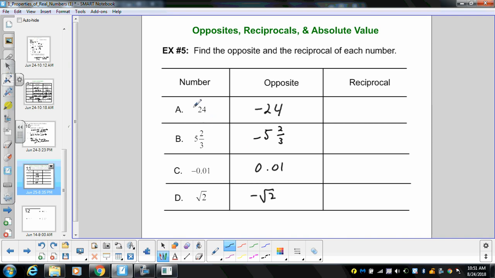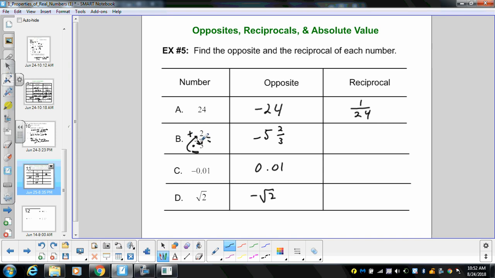Now reciprocal, for at least whole numbers, all you got to do is put a 1 on top. So that's just going to be 1 over 24. Because this is a mixed fraction, you're going to convert it into an improper fraction. The way you do that is you take the whole number times the denominator, multiply it, and then add that result to the numerator.